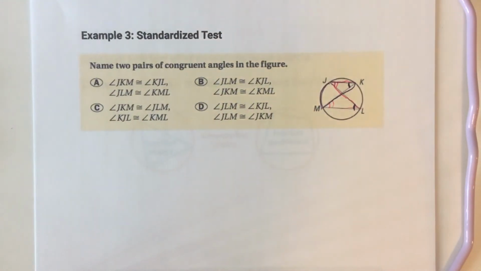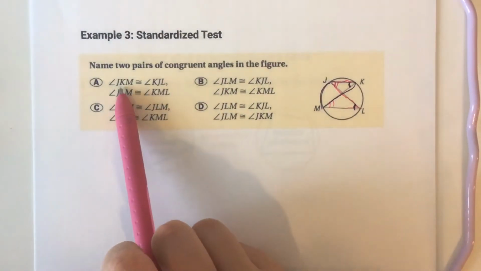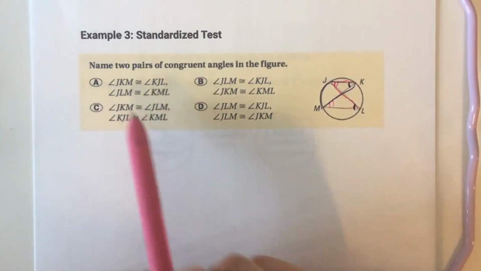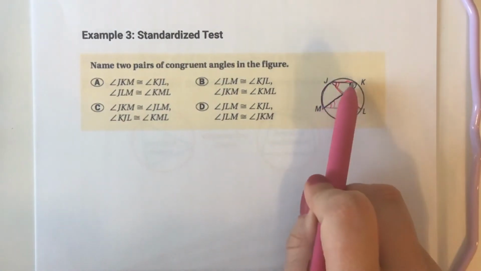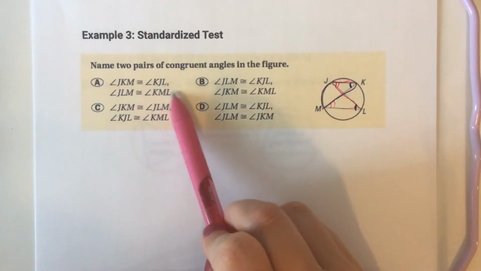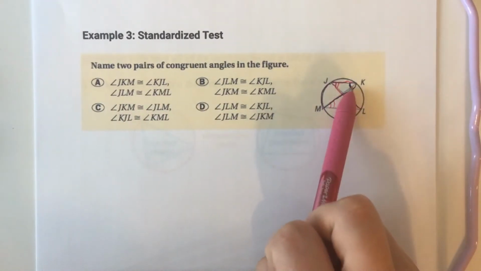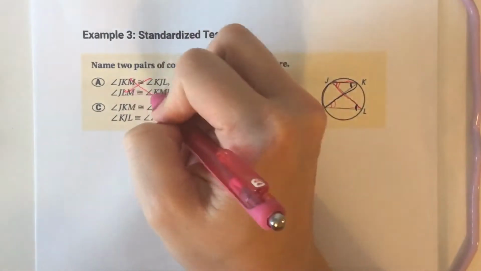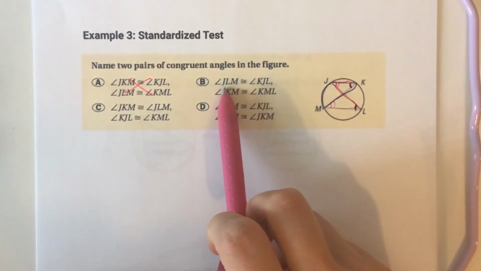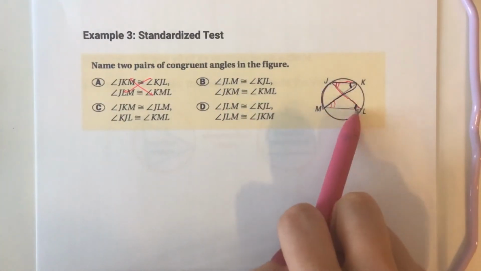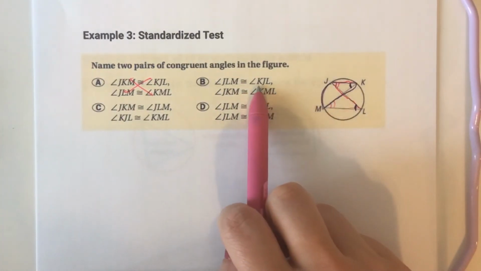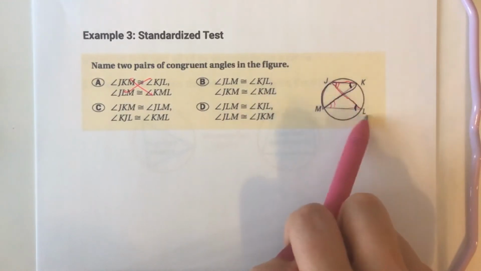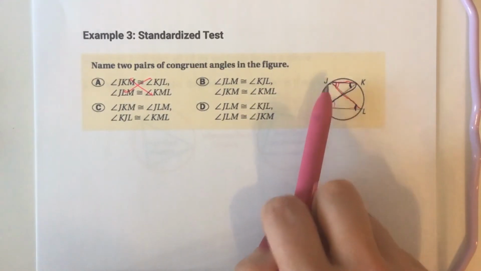So now we just need to go through our list over here. So angle JKM, so angle K is congruent to KJL. So is angle K congruent to angle J? No, not right. Angle JLM, angle L is congruent to angle KJL. Is angle L congruent to angle J?